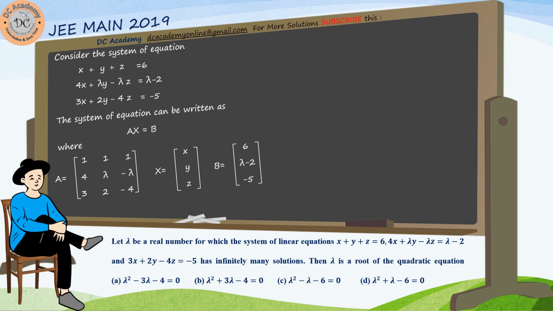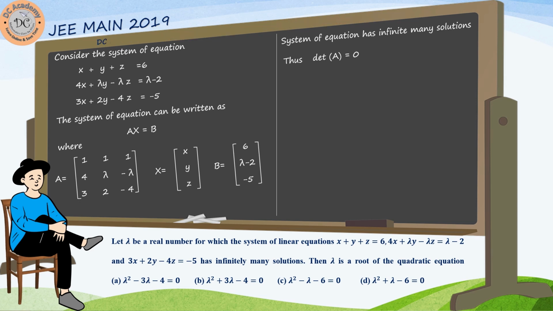Now let's proceed. It's given that the system of equations has an infinite number of solutions. Therefore, the determinant of the matrix A should be 0. That's the condition. As the determinant is 0, we can expand the determinant of the matrix A and calculate the value of lambda.